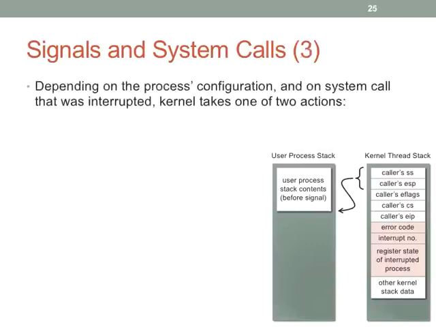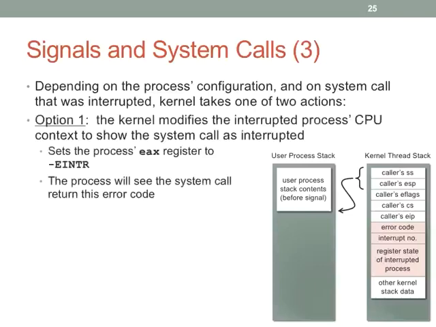So that's all what I was saying already. The kernel has a couple of options, depending on the process's configuration, and also, of course, the kernel's configuration. This obviously comes down to what the kernel wants to do. The kernel can do a couple of different things. The first one is it can just say, sorry, I'm canceling out your system call.